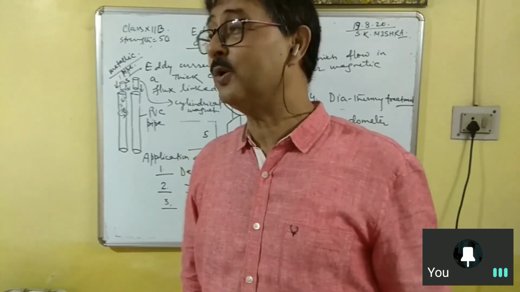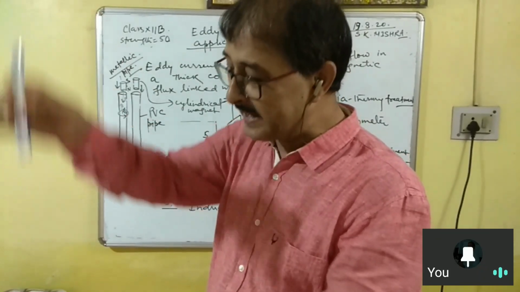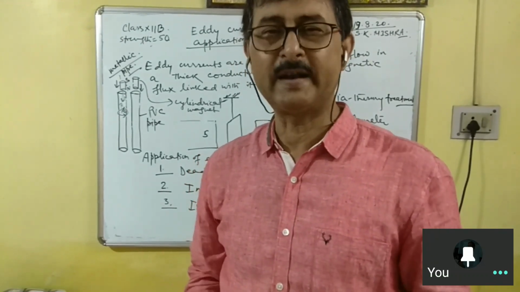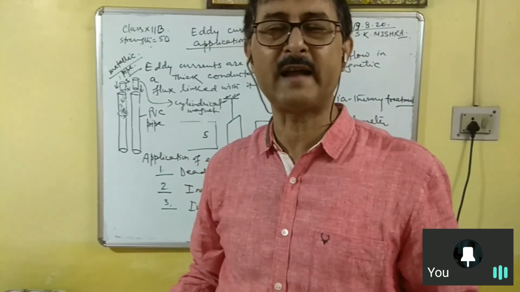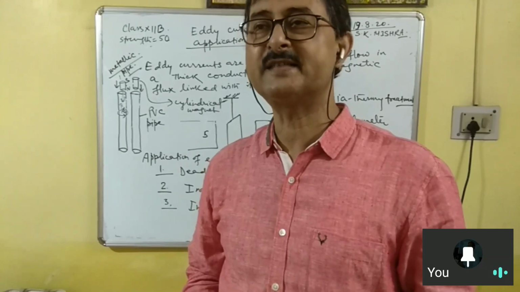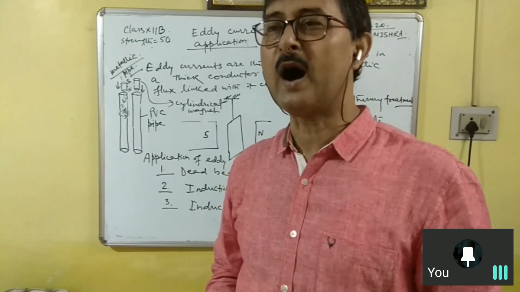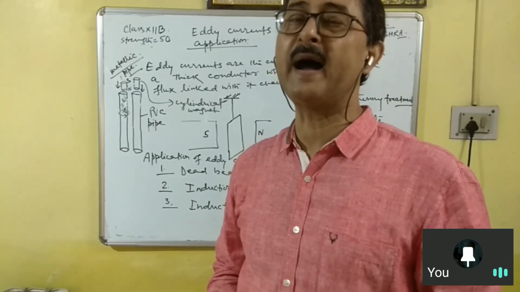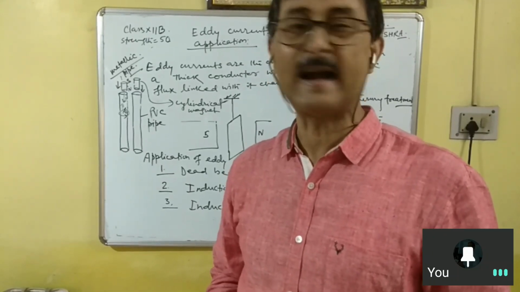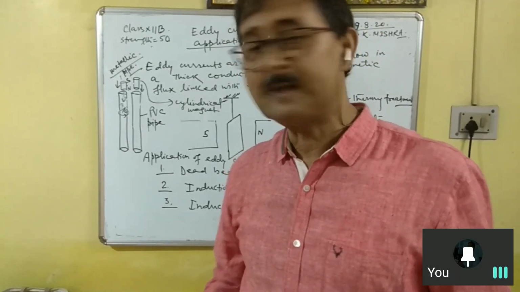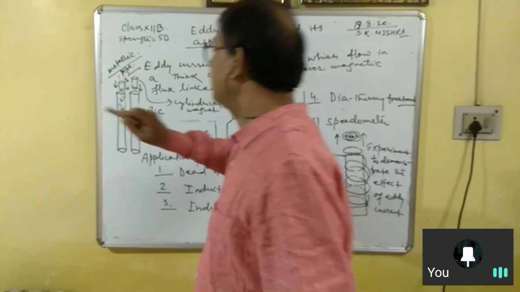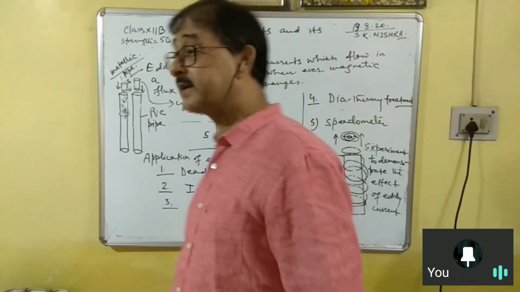But if you allow the magnet to fall through the same height freely, it will take normal time, that is for a freely falling body. s = 1/2 g t squared, so t = square root of 2h/g, that much time. But if the same cylindrical magnet passes through the metallic pipe, it will take some more time.